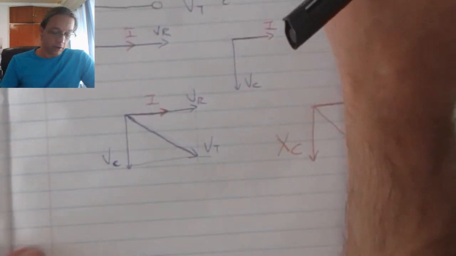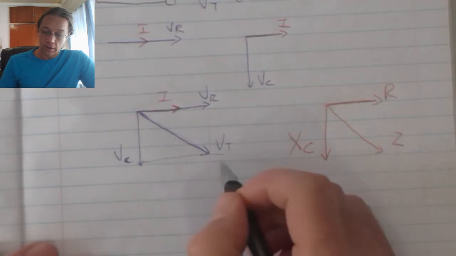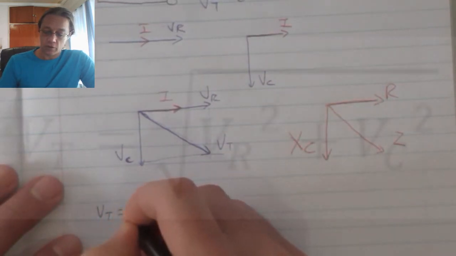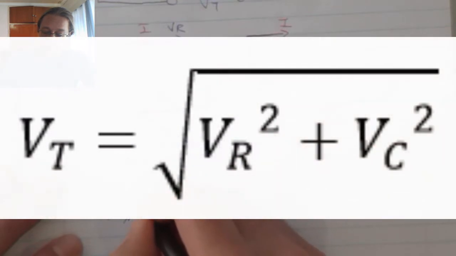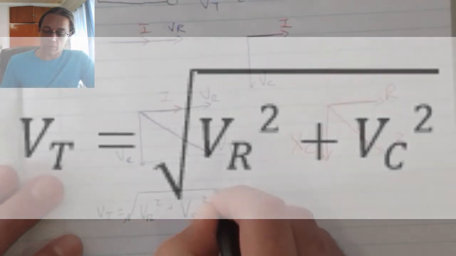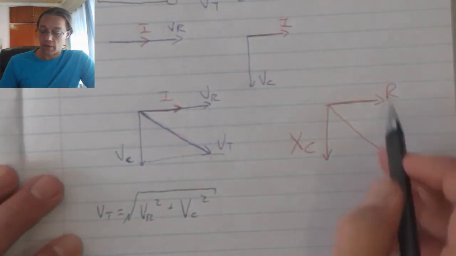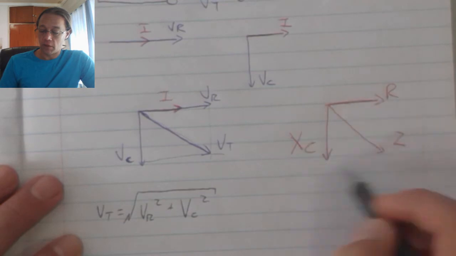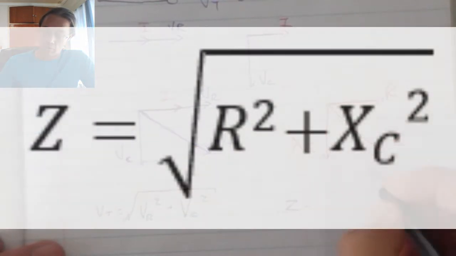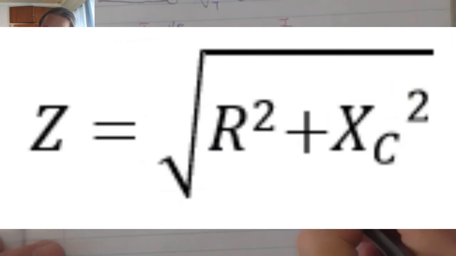And when we get to the total voltage calculation, V total equals the square root of VR squared plus VC squared, and all of that rooted. When it comes to the impedance calculation, Z is equal to the square root of R squared plus XC squared.